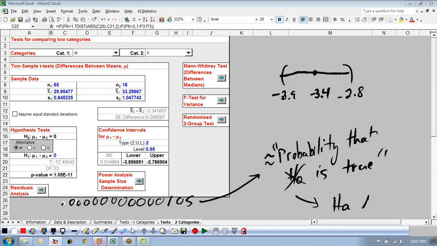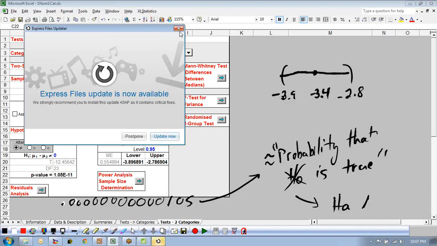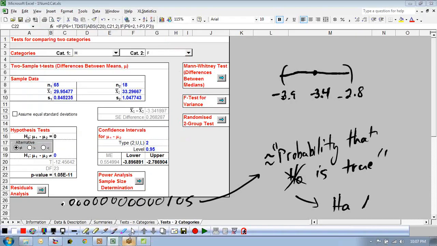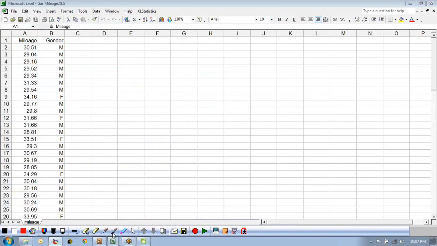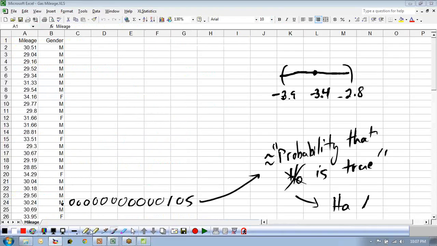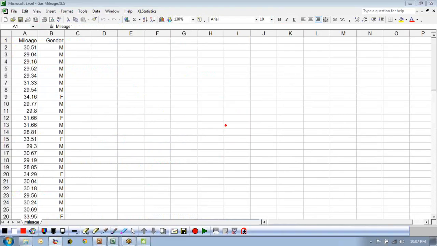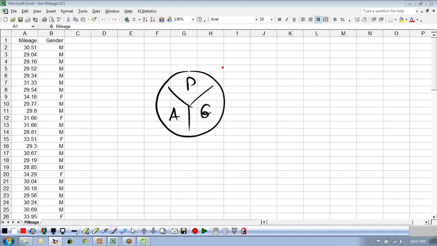And if we go back to our gas mileage page, and remember, we had the practical, the graphical, the analytical, and here it was.